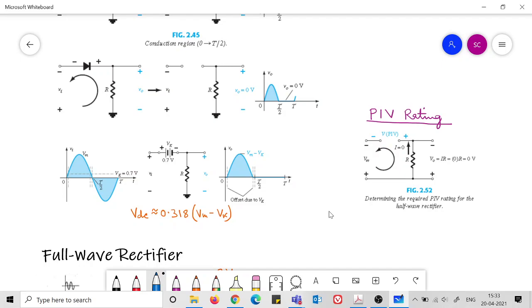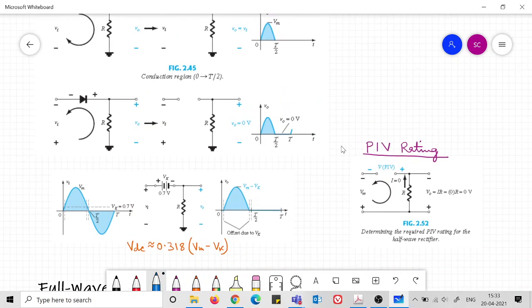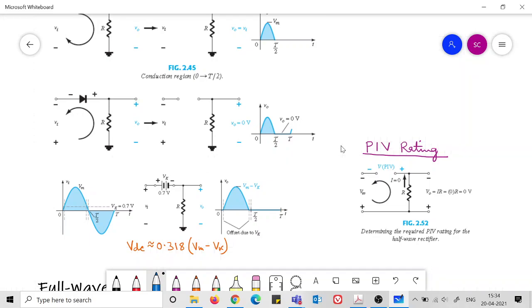So what would it be? In the reverse bias side, there is this breakdown phenomenon that would happen. So what is the maximum voltage which the diode can withstand in reverse bias? If it crosses this voltage, breakdown would happen. So this is the peak inverse voltage rating, which the diode should not cross in the reverse bias situation.